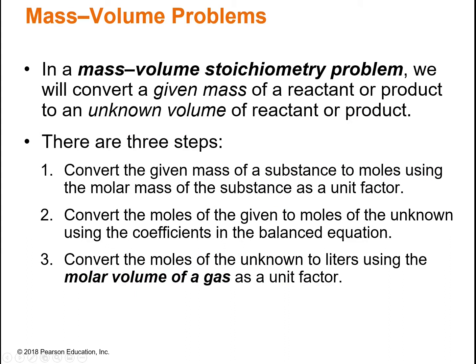The next problem type that we're going to encounter is mass to volume. So you're taking a given mass and you're converting it to the volume of a reactant or product.